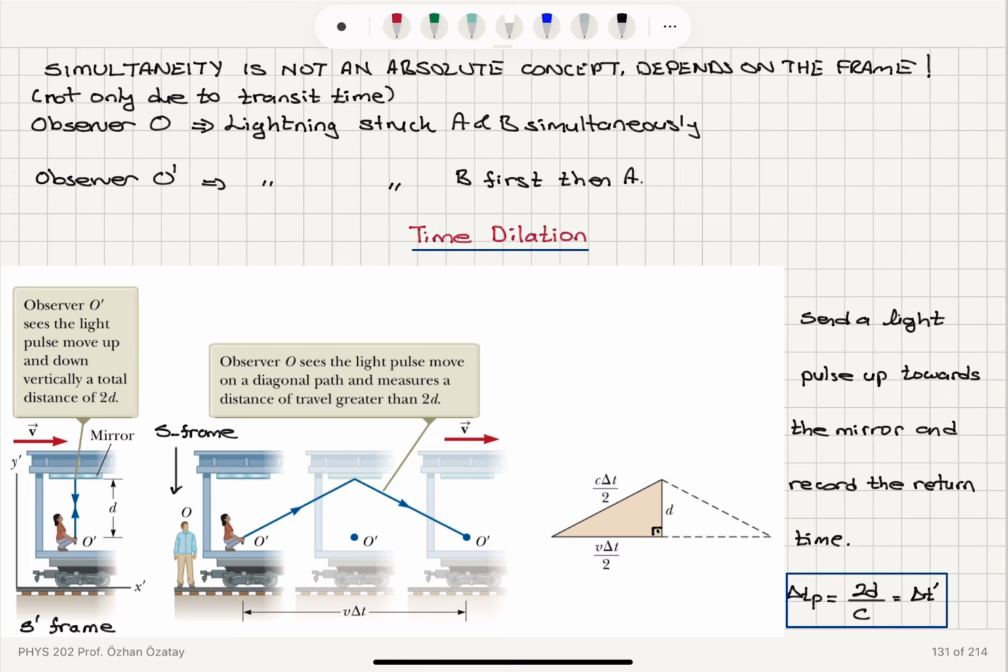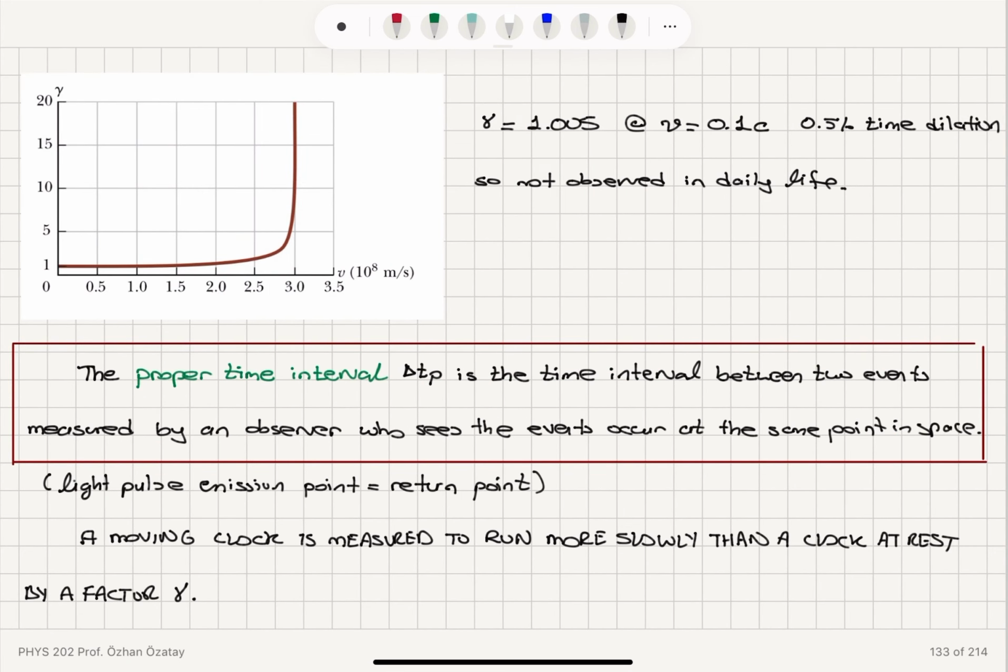But for this observer, this event started at the initial position of the source, and the final position of the source is a distance v delta t from the initial position. Therefore, this observer is not measuring the proper time. All right. So light pulse emission point and return points are the same for the S prime observer.